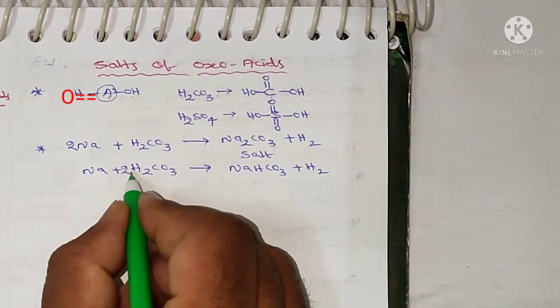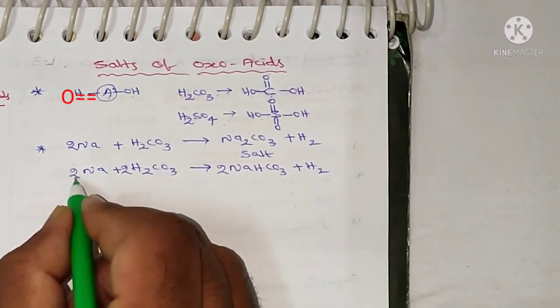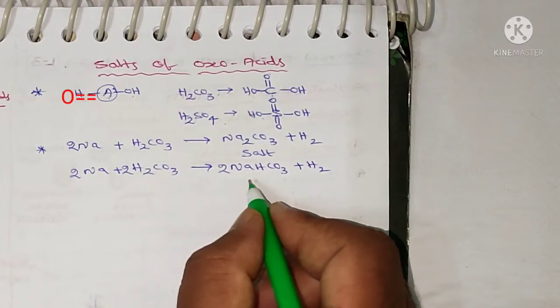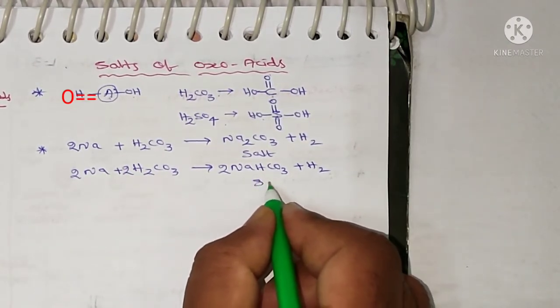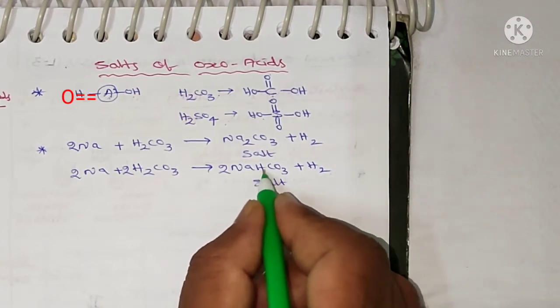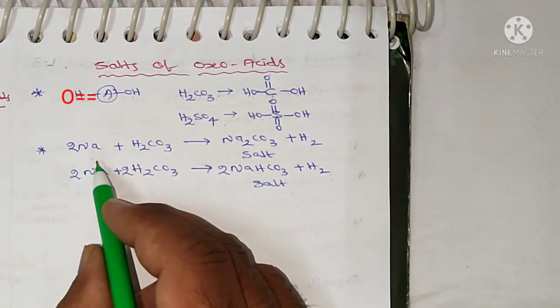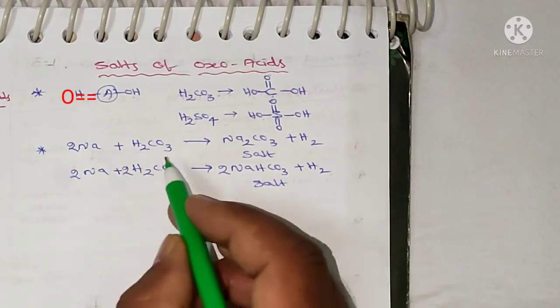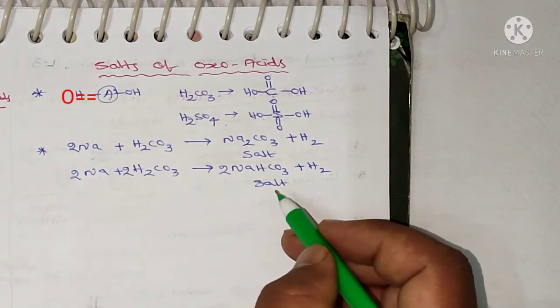So let me take here 2, and here 2, and here also 2. Now it is a balanced equation. So sodium can form salts, and sodium bicarbonate is also a salt. So the alkali metals react with oxo acids to form salts.